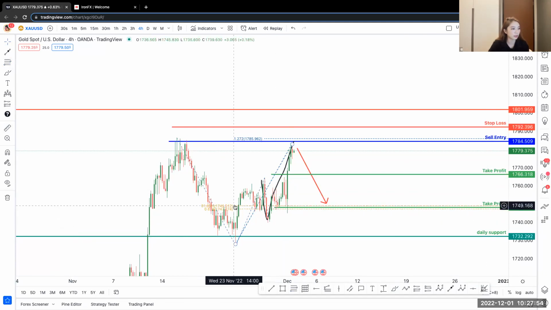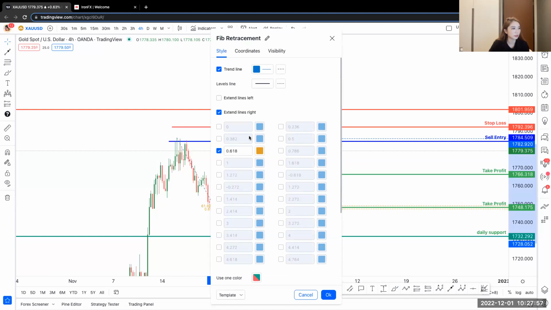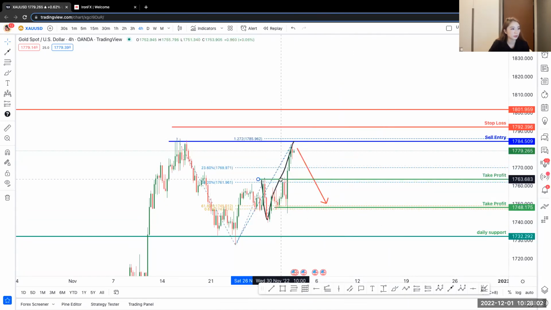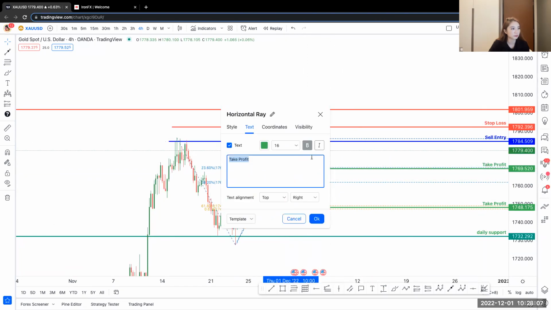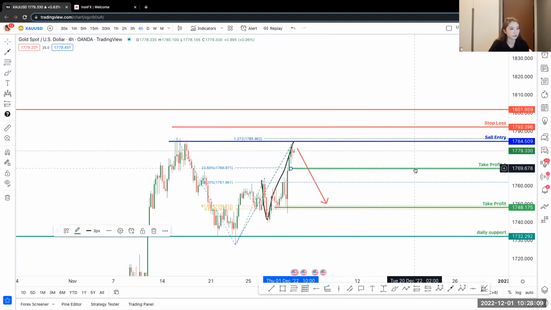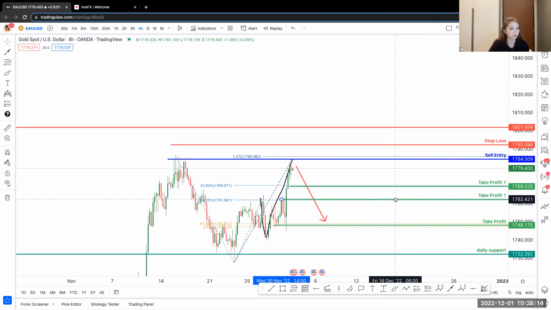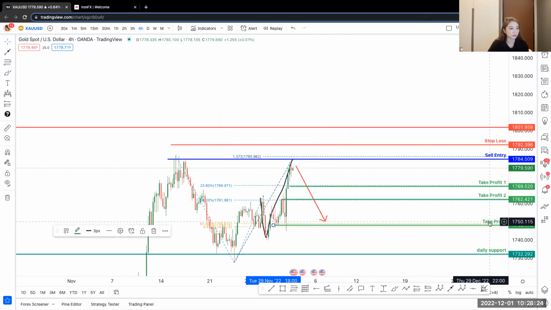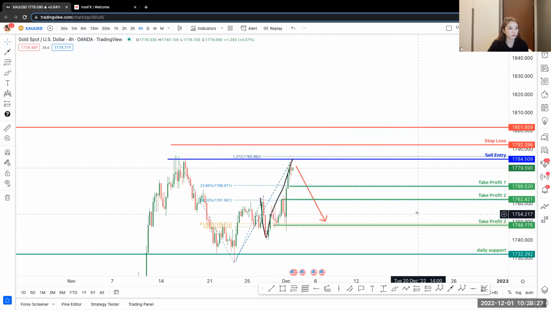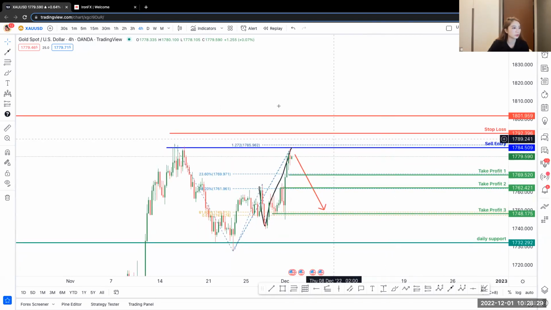We are looking at a retracement at 38.2 and 23.6, so probably here. Depending on which you are comfortable with.